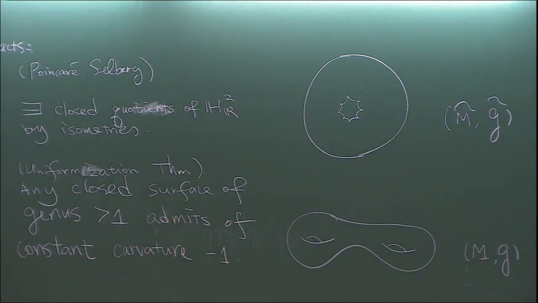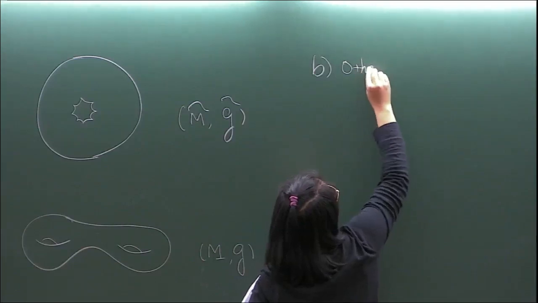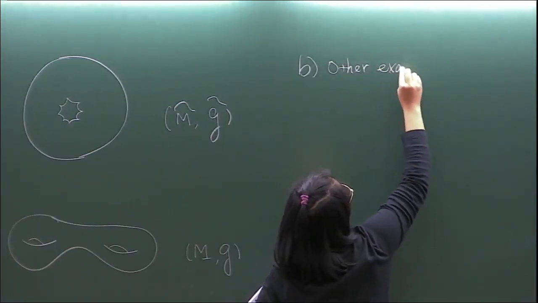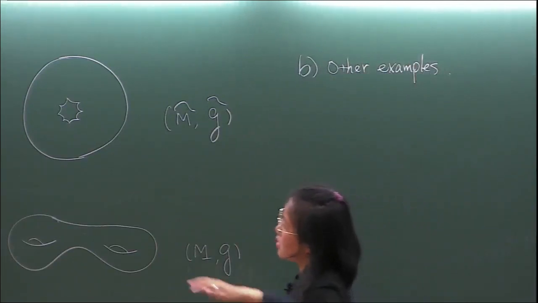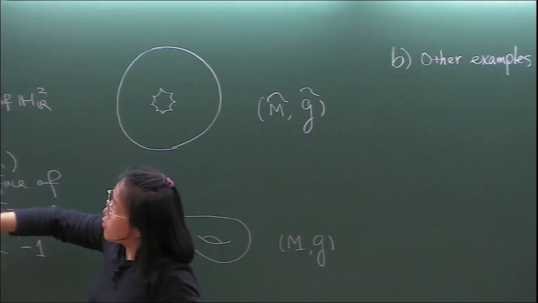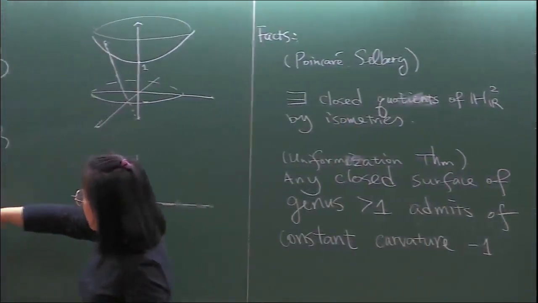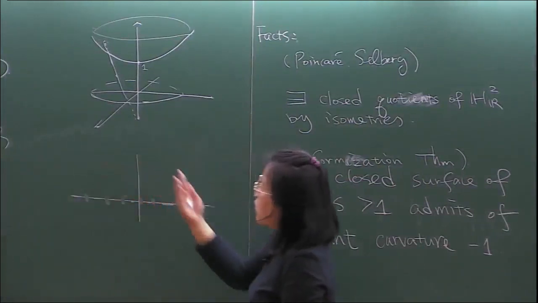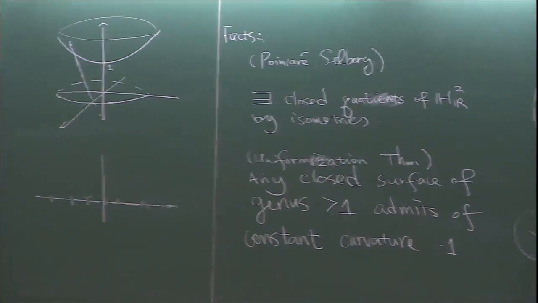Then the question is, do we have other examples? These are of negative curvature -1. Of course, you can just change this one into R, properly, then you will get constant negative curvature for R, right? So are there other examples?